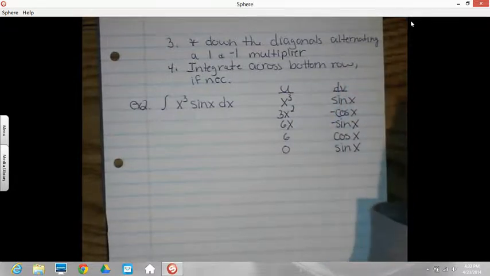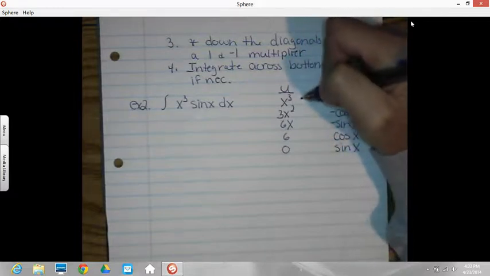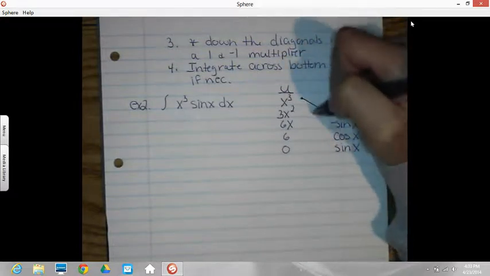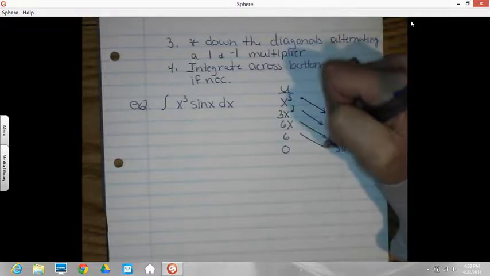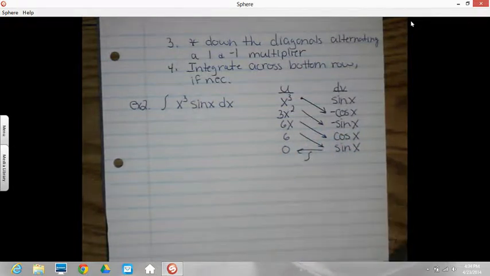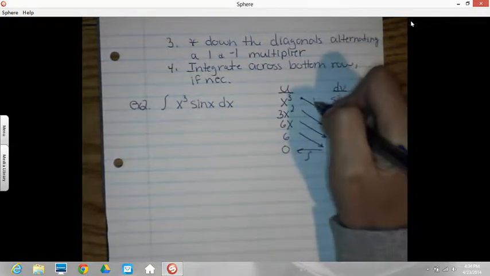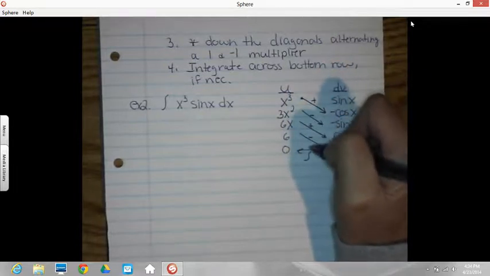So you start at the top and you make your diagonal. So it's the first u that gets multiplied by the second dv. That, that, that, that, and my horizontal that I integrate is going to be a 0, so I won't have to. Positive multiplier, -1, +1, -1, +1.